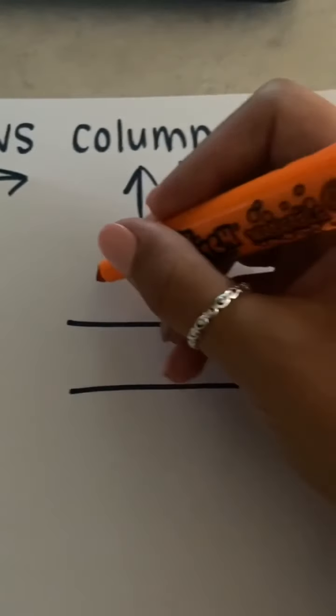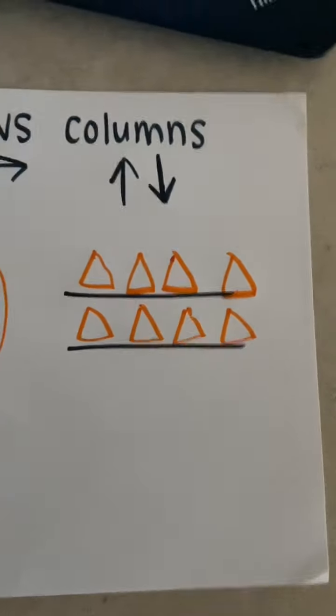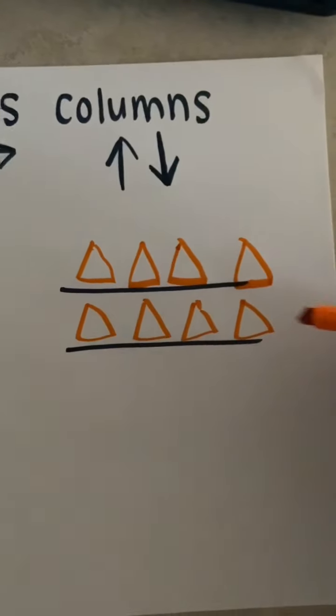So I need 4 and 4. So here's my row. I'm going to draw 4 triangles in a row because rows run across. It's hard to hold this at the same time. Sorry about the sloppy triangles. There we go. Yours will be better than mine. There we go. So we have 2 rows of 4.